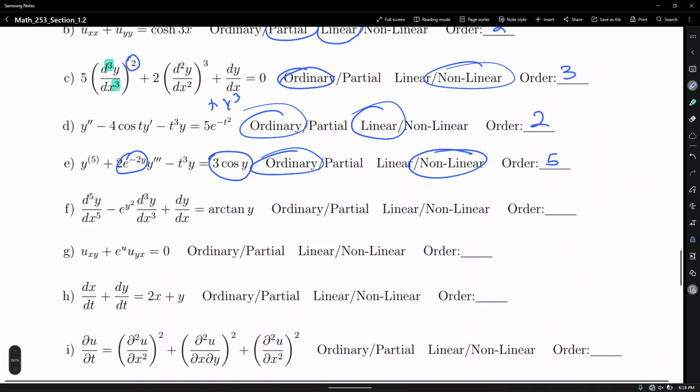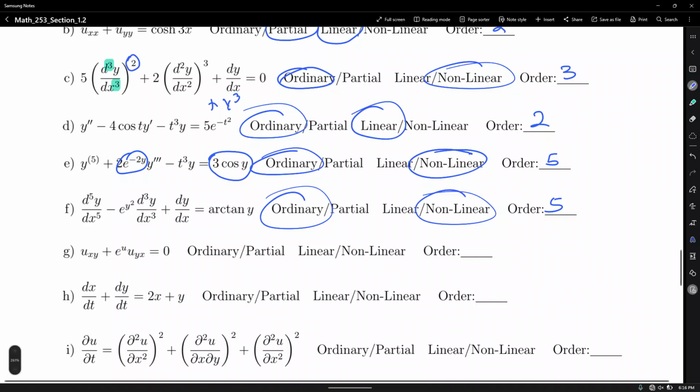What about F? Ordinary. Order 5. Linear or non-linear? Actually very similar to the previous example, isn't it? Except it's all y's and x's as opposed to y's and t's. Right? Non-linear. Great. All right. What about the next one? Ordinary or partial? Partial.